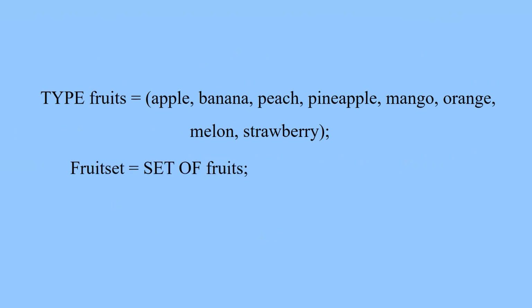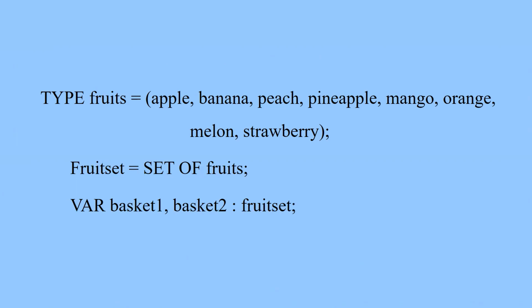And then fruit set is a set of fruits. Fruit set equals set of fruits. So whenever you use the word fruit set, we are referring to apple, banana, peach, pineapple, mango, orange, melon, strawberry.